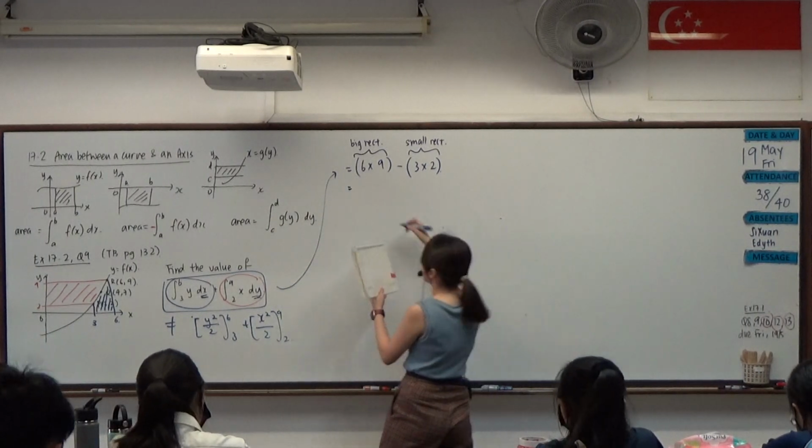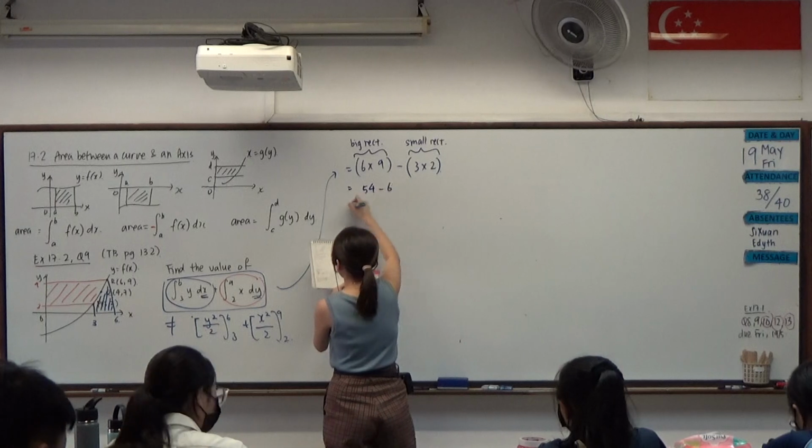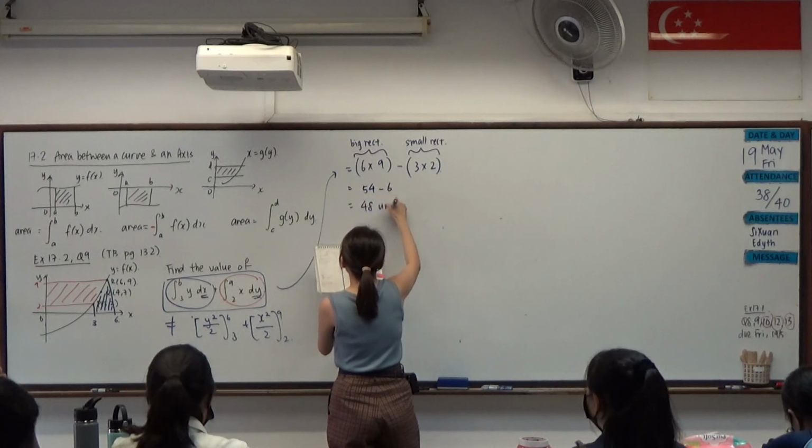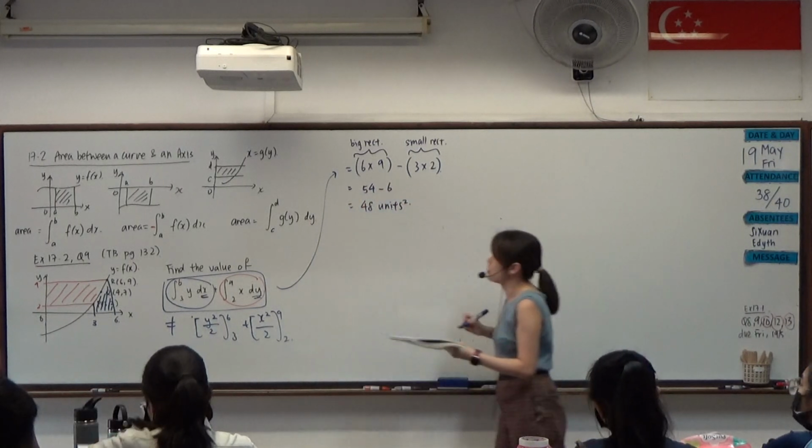And therefore we will get 54 minus away 6. Hence 48 units squared.